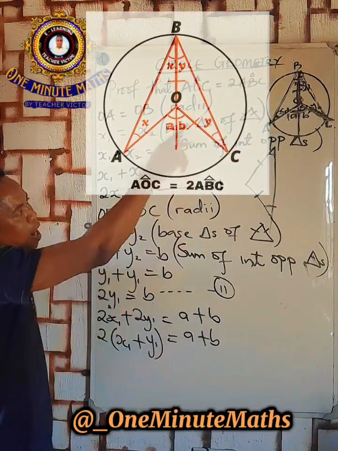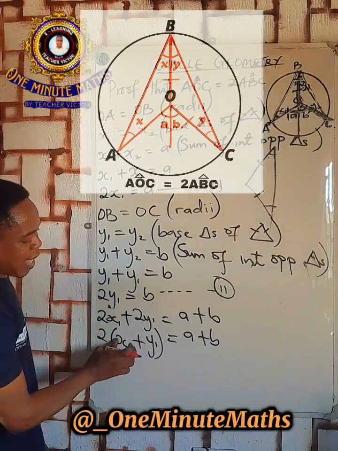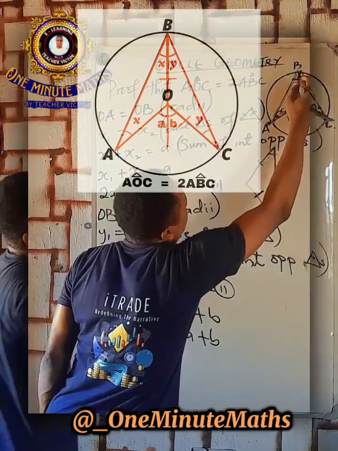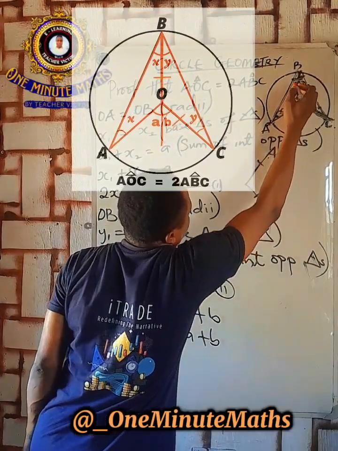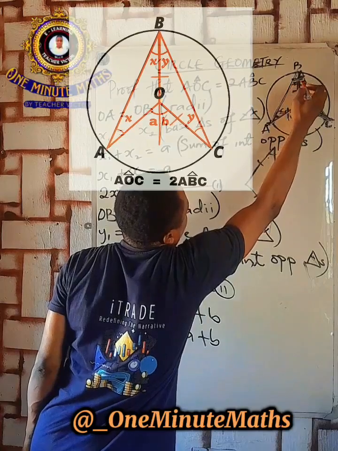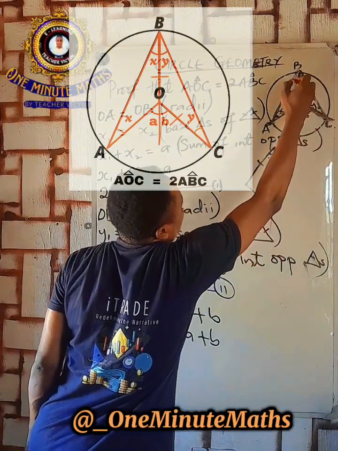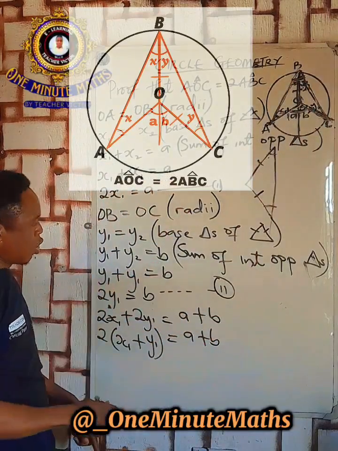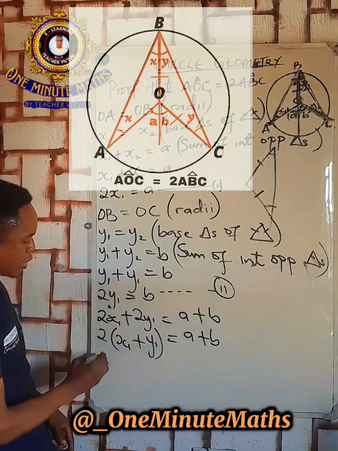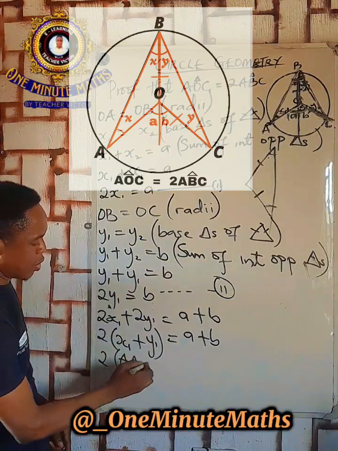Now, let's go back to the diagram and see clearly. You will discover that x1 plus y1 forms the totality of this angle at the circumference. Remember, this is x1 and this is y1. So angle ABC is formed by the addition of x1 and y1. So we can replace this with 2 into bracket ABC.